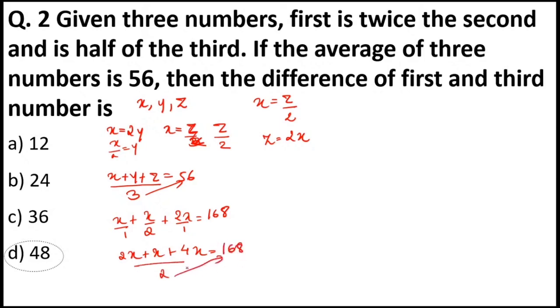This 2 will get multiplied by this. So how much is this? 2 plus 1 plus 4 is what? 7. 7X is equal to 2 into 168, which gives you 336. And when you divide 336 by 7, you will get what? 48.